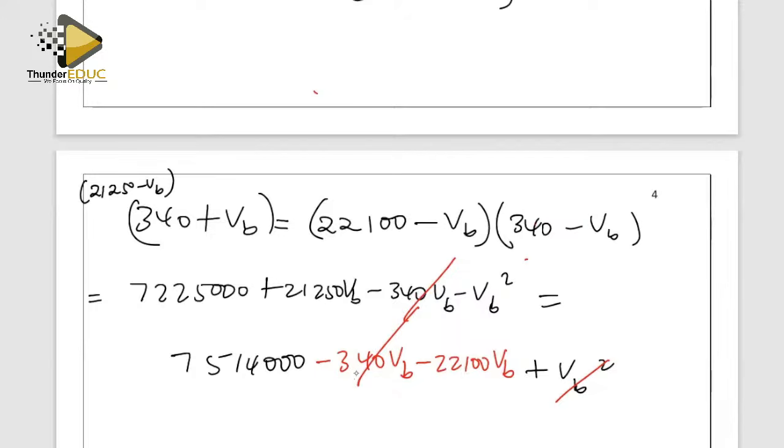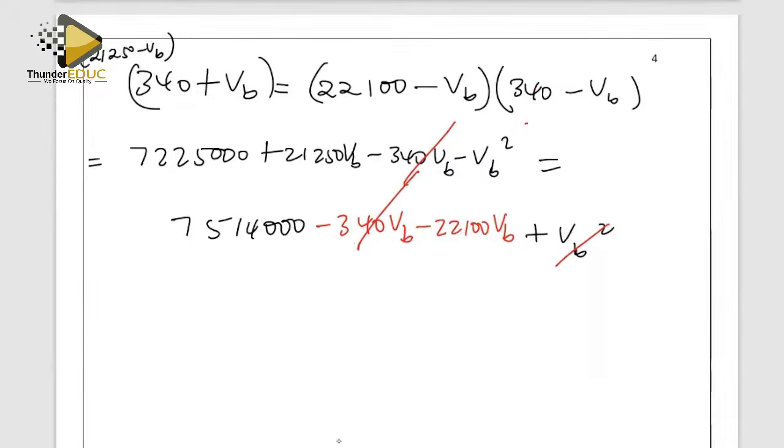Then 21, that is going to be different. Let me move everything out to the left or to the right. So I'm going to have 2 VB squared. And when I move this on that side, it's going to be negative 22100 minus 21250. It's going to be minus 43350.